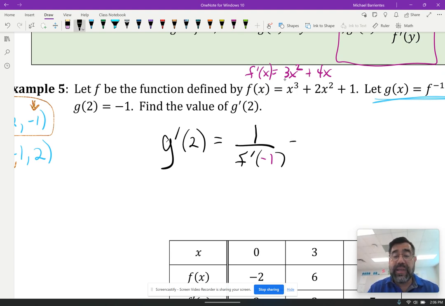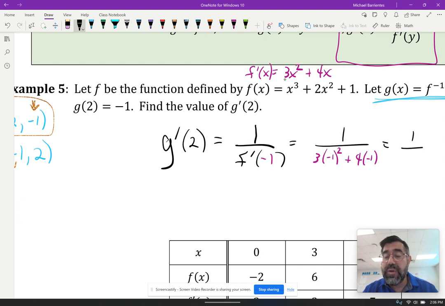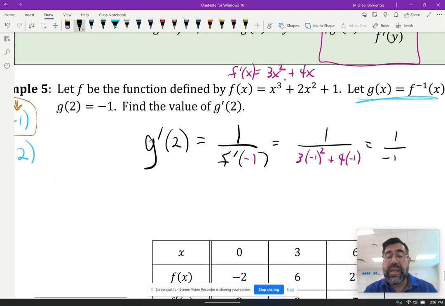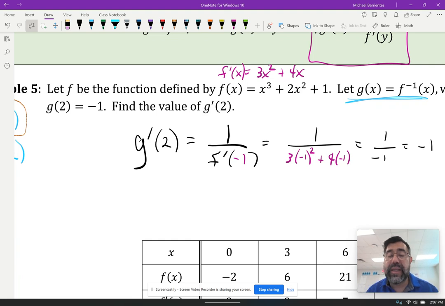So I'm going to take that derivative function, and I'm just going to plug in -1, so that'll be 3 times -1 squared plus 4 times -1, and that's going to give me my derivative at the same point of the inverse function. So that's going to be 1 over, I believe this is 3, I believe this is -4, and 3 plus -4 is -1. And so therefore, my derivative is -1.